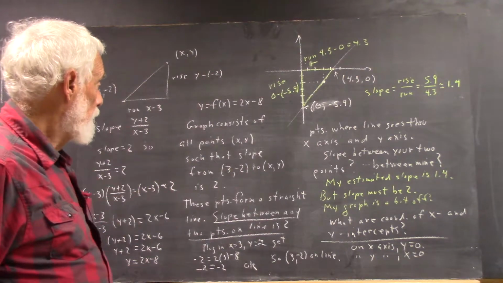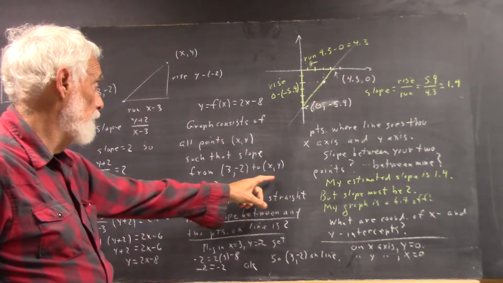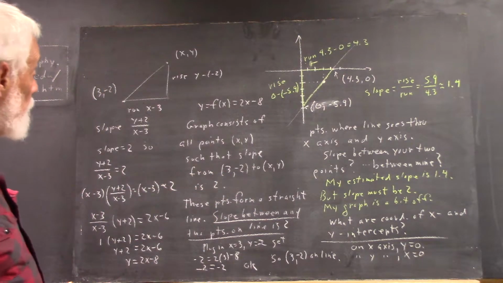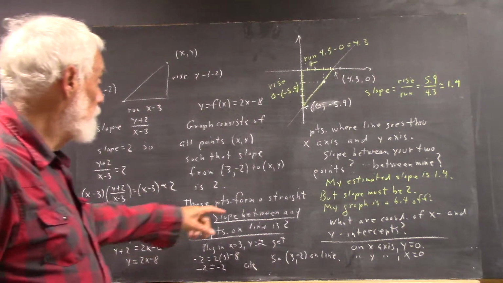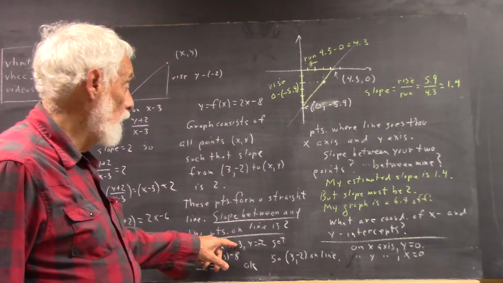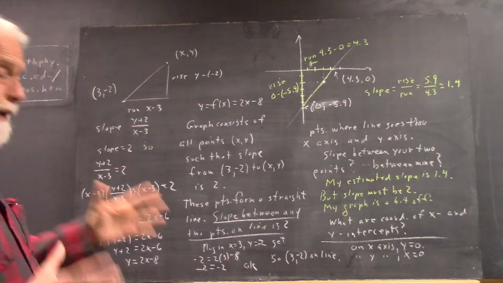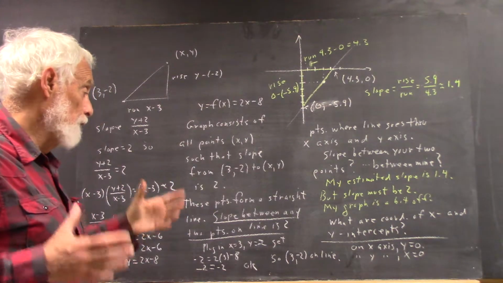So the graph consists of all points (x, y) such that the slope from (3, -2) to (x, y) is 2. And these points form a straight line. The slope between any two points on this straight line is going to be 2. We can prove this, but we're just going to assert it right now because we don't want to overload you with abstractions.